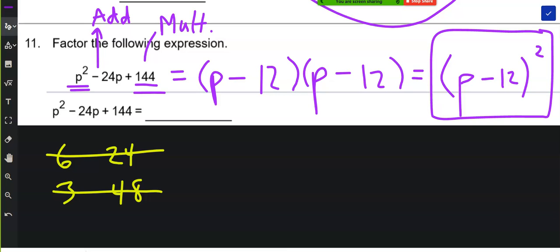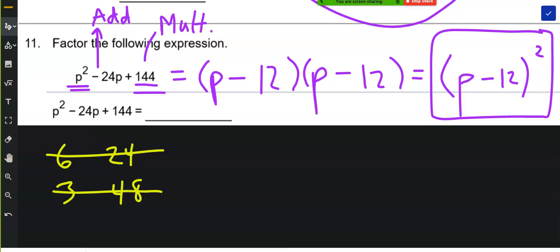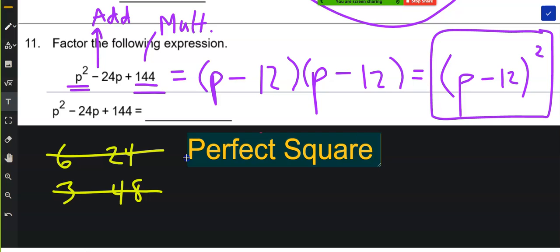So now, a few minutes ago, I said this was not a difference of perfect squares, and you might have thought to yourself, well, we can't take the square roots like we did before, but this thing is called a perfect square.